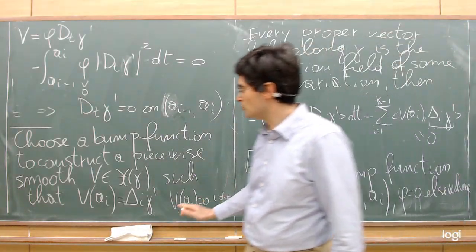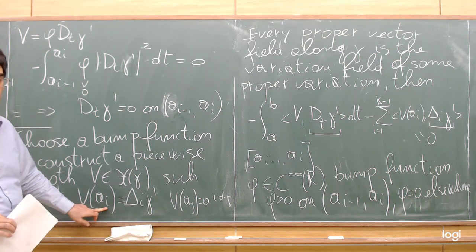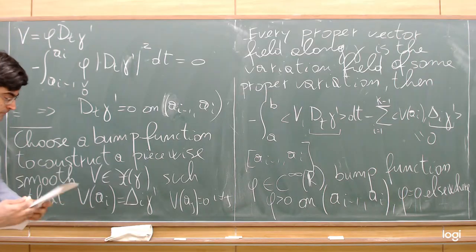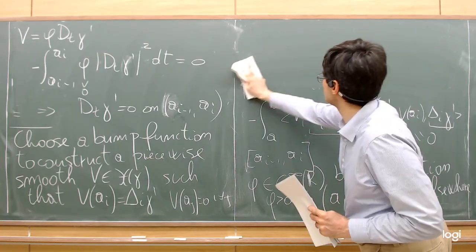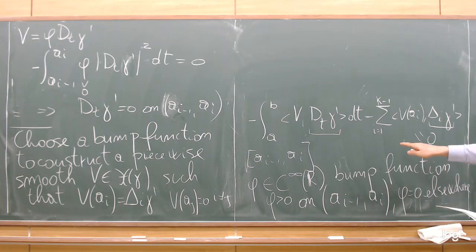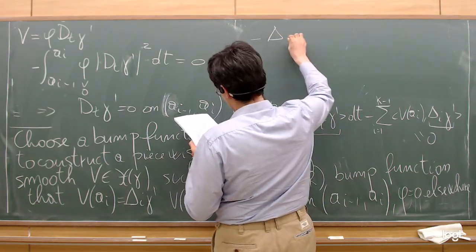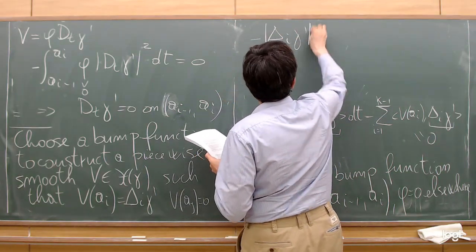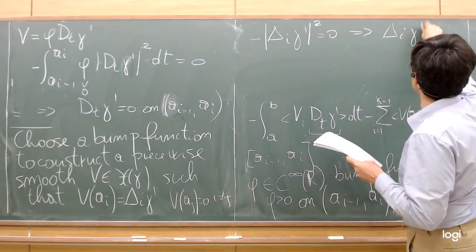So this must be true for only one value of i that you can choose arbitrarily. And in this case, the fact that this is 0 reduces to minus the length squared of delta_i gamma prime, this is 0, which implies delta_i gamma prime equals 0.